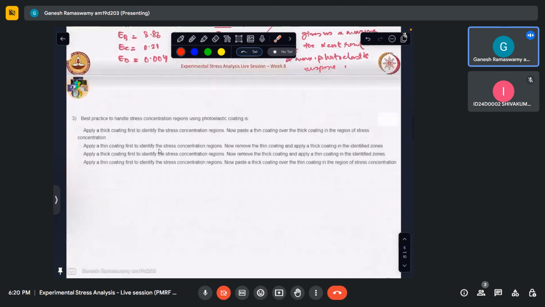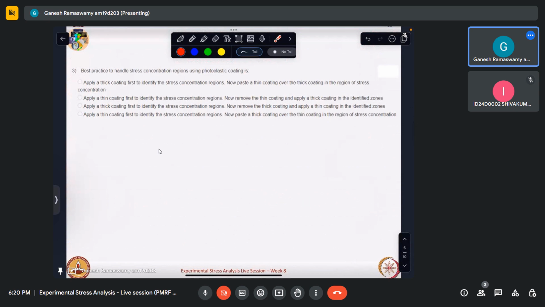So let us look at this question. Best practice to handle stress concentration regions using photoelastic coating is which of the following? So what we are trying to study here is the stress concentration regions.